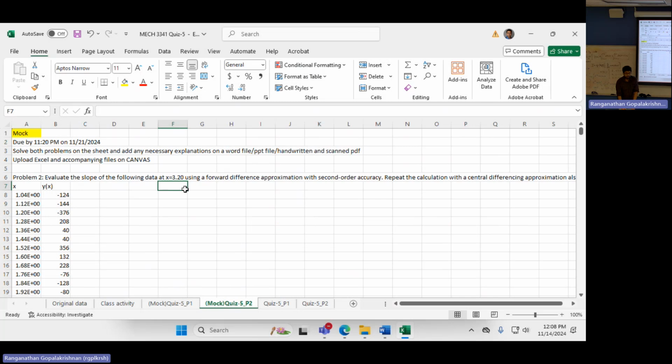No one has the book. Open your book and read it out to me so that I can understand at least one person follows what I'm talking about. I want you to read out the formula for the slope or first derivative using forward differencing with second order accuracy.